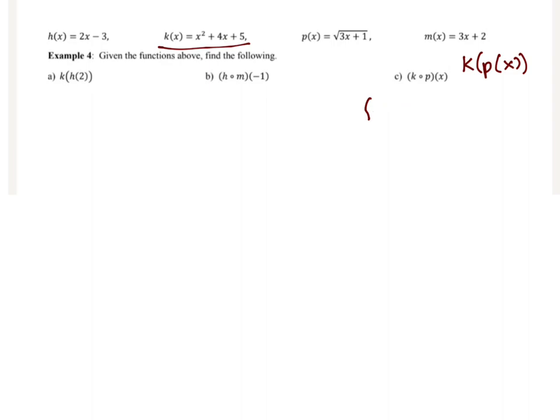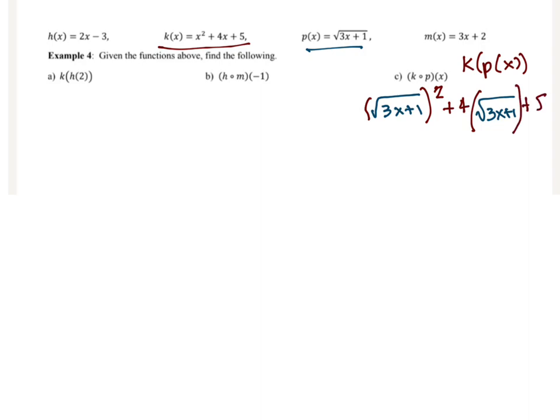I'm going to use a new color for p. Square root of 3x plus 1, close parentheses, squared. Plus 4, open parentheses, square root of 3x plus 1, close parentheses, plus 5.